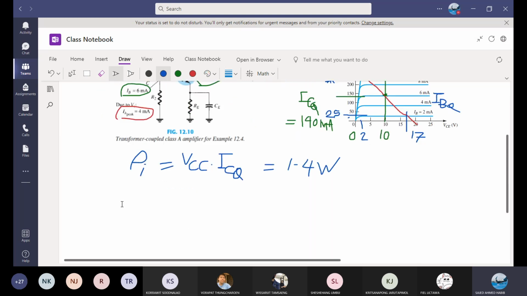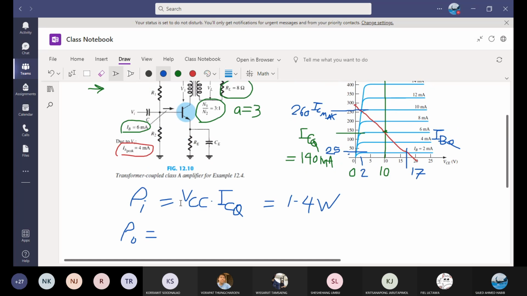For P out, let's take the difference. There will be some error because I'm not doing it properly. Delta of VCE. Do you understand what is the delta of VCE and delta of IC? This is multiplied, it's not minus, it's a multiplying dot, divided by 8.